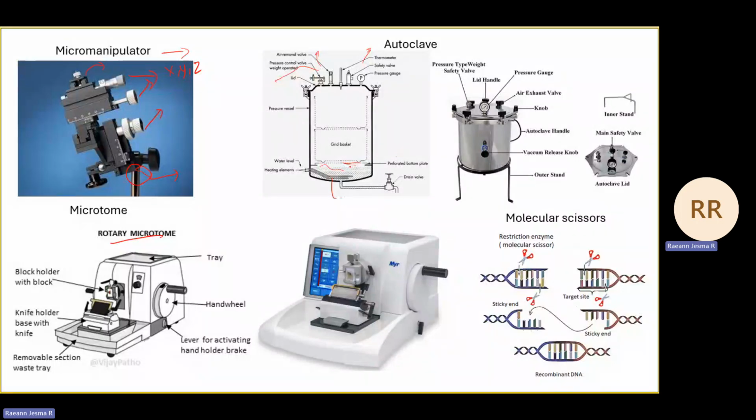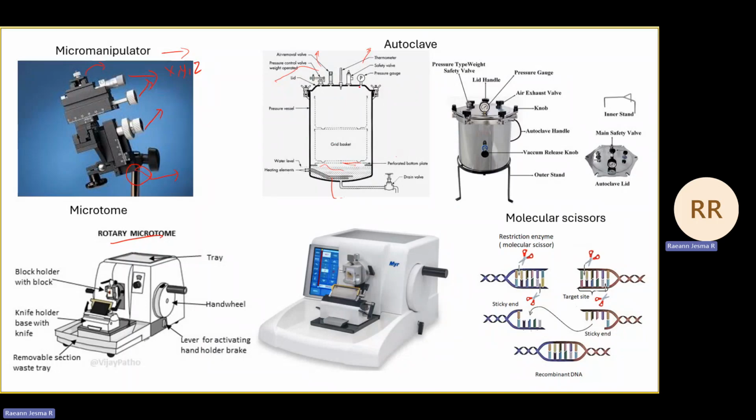virus, and spores. So here you can see that there is a perforated bottom plate on which we will have a grid basket and pressure, with the instruments or other things to be sterilized. Another important thing is that we also remove the air.